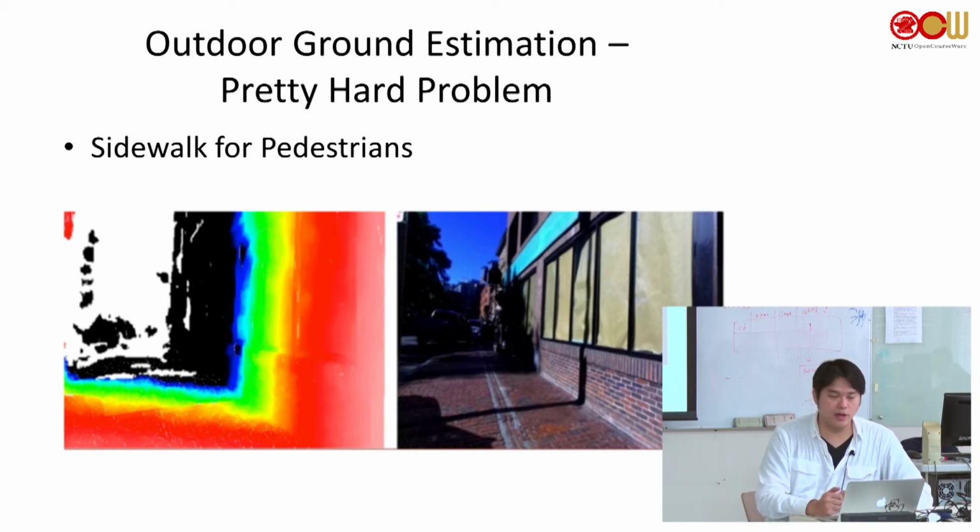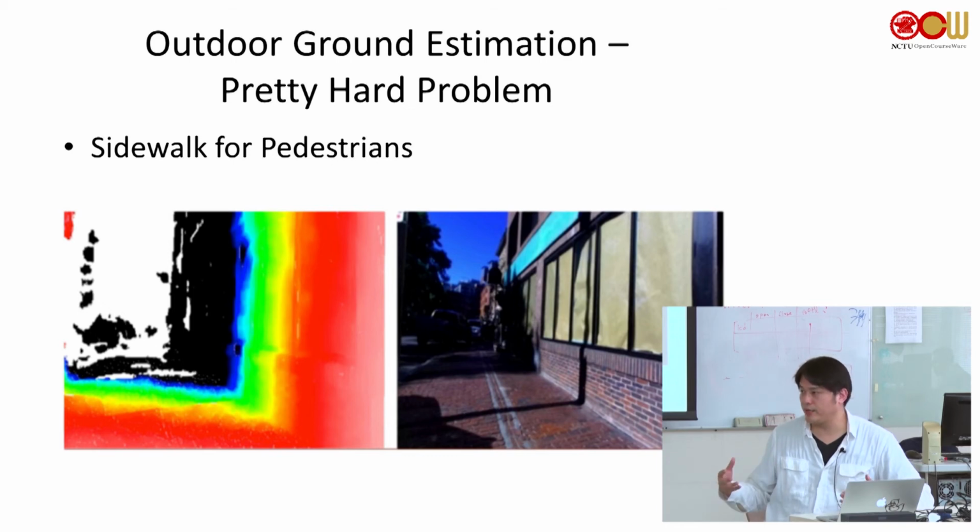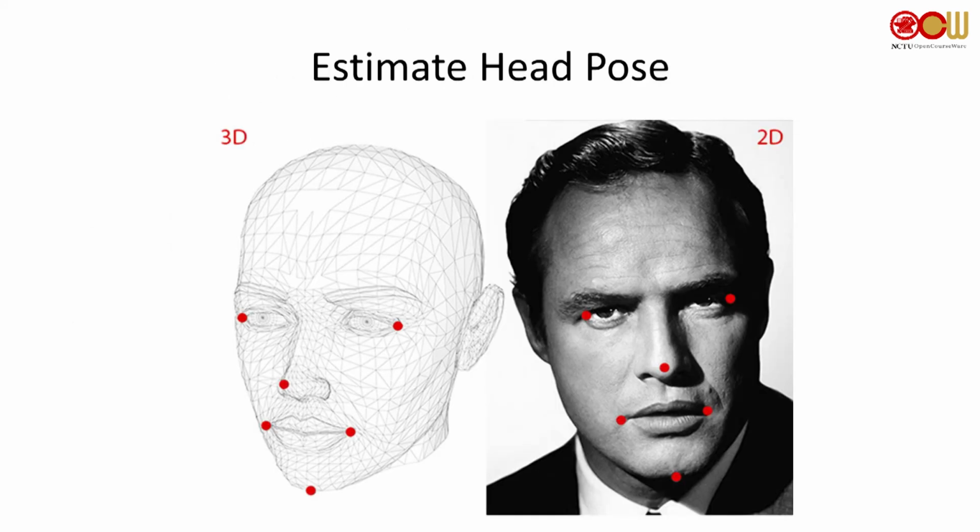So this is one of the examples of estimating the ground. Estimating the ground is actually very useful, for example, for a wearable device. It could also detect a drop, or maybe some other objects, for example, chairs and tables, right? As long as you know the ground. And the other interesting application is to estimate the head pose.